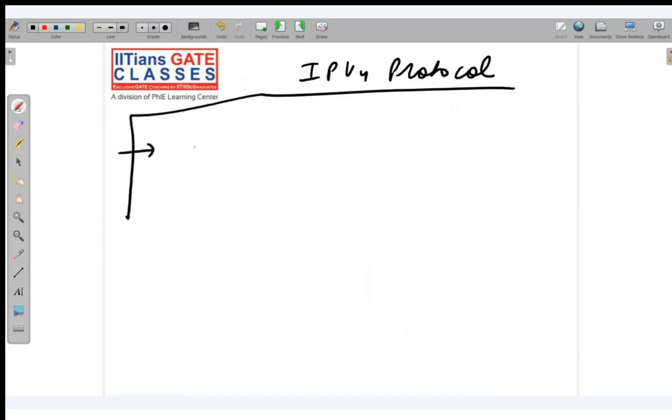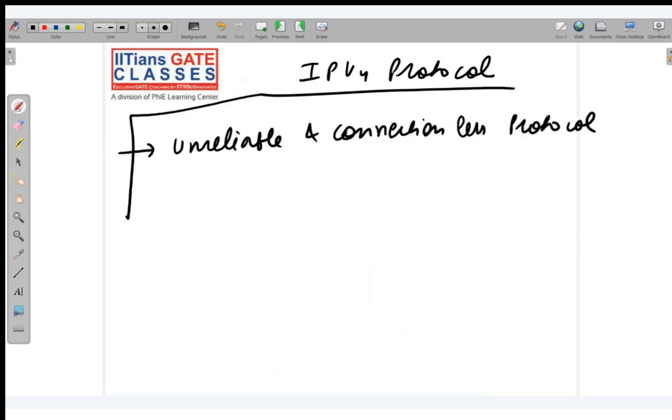IP is an unreliable and connectionless protocol. Unreliable means there is no error detection or correction here, and connectionless means no connection is established, or there is no allocation of resources and so on.